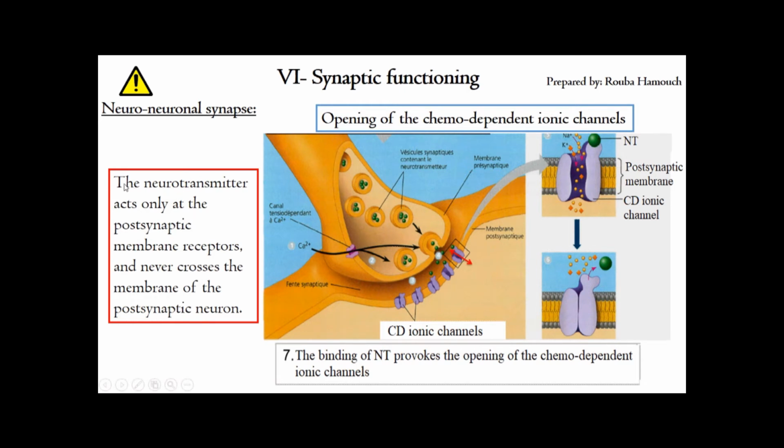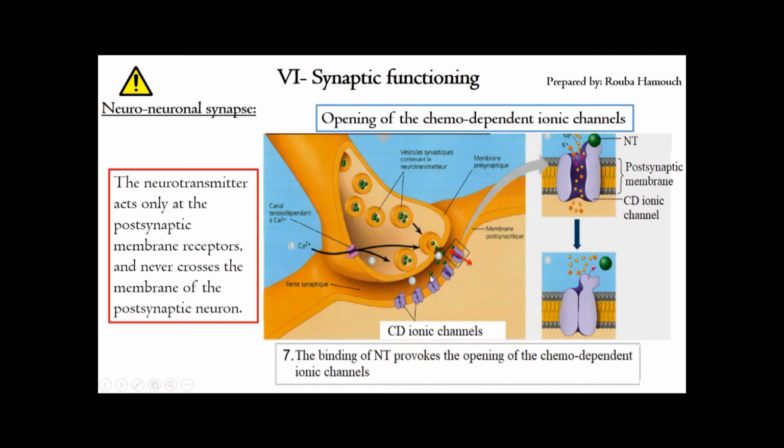But note that the neurotransmitter acts only at the postsynaptic membrane receptors and never crosses the membrane of the postsynaptic neuron. It's not the neurotransmitter that will enter through the channel into the postsynaptic membrane. The neurotransmitter remains on its receptor.